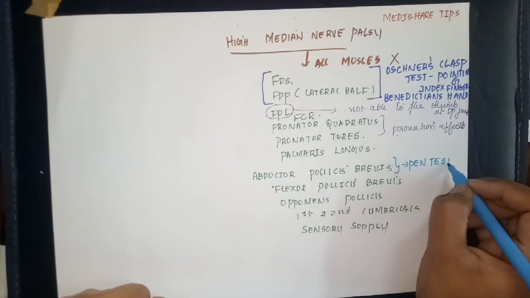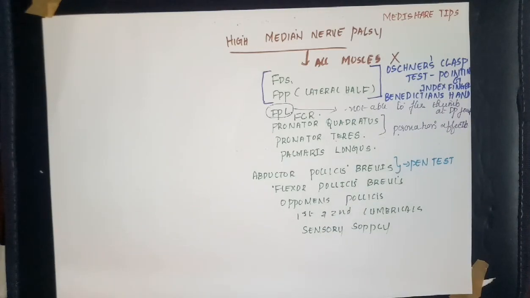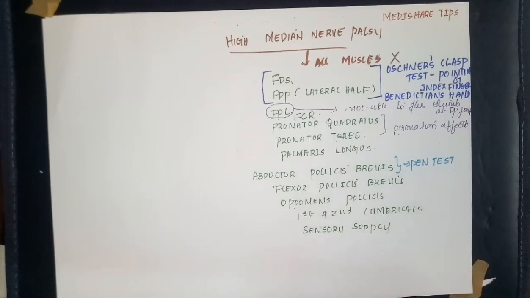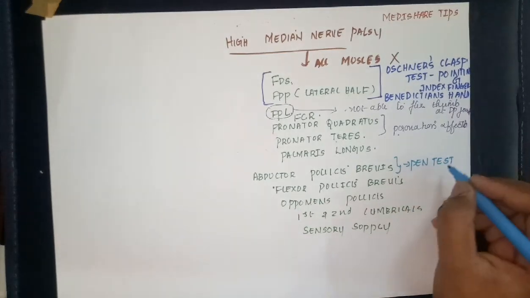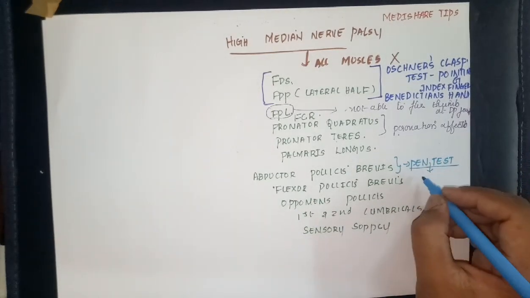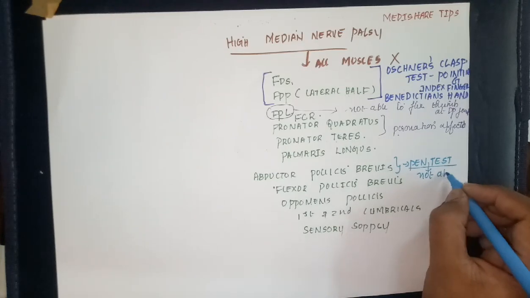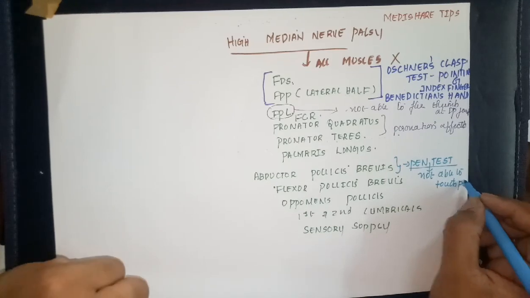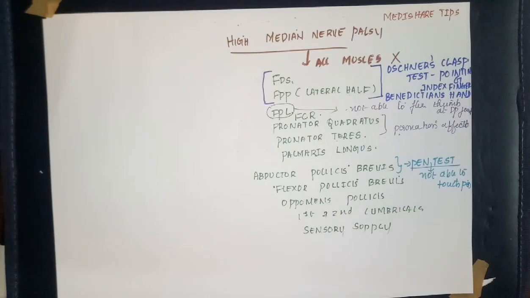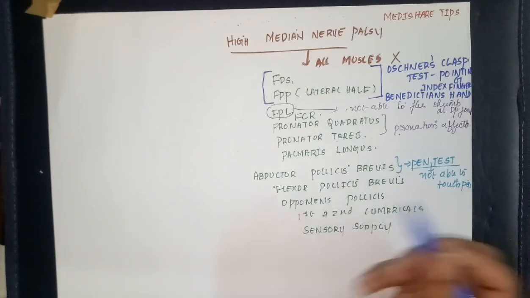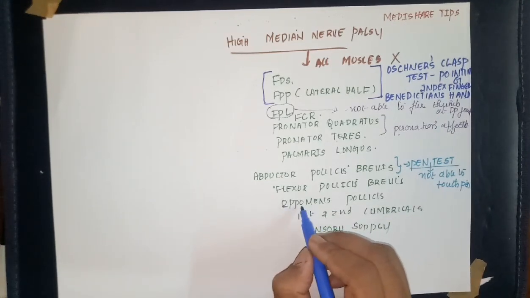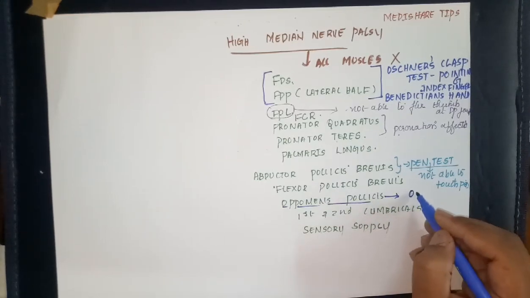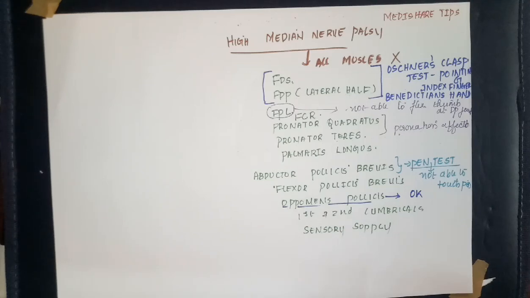While doing the pen test, the patient is not able to touch the pen by abducting the thumb at right angles to the palm. And when the nerve supply to the opponens pollicis is lost, we will not be able to make an OK sign with the thumb and index finger.